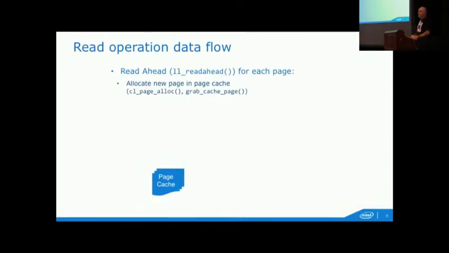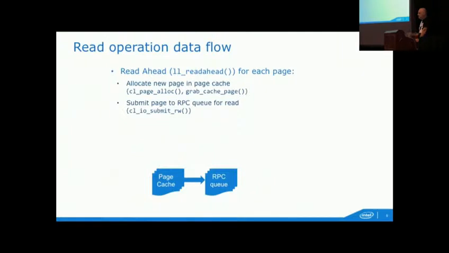Let's look at what happens inside the read operation. It's pretty much the same as the write operation, but with a little difference. Here we have a read-ahead operation which tries to prefetch data ahead of usage and load more data than was really requested by the user. And again, we start with page cache allocation, so we request a new page from the page cache.